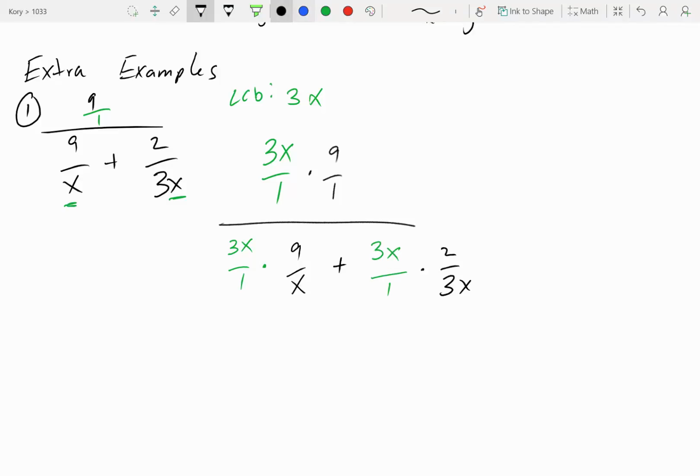Now we're going to cross stuff out. So here we cancel out the x's. Here we can go ahead and cancel out the entirety of 3x. Let's write what we have left over. We have 3x times 9 is 27. And then 3x times 9 is 27. Plus, we just have this 2. So we have 27 over 29.